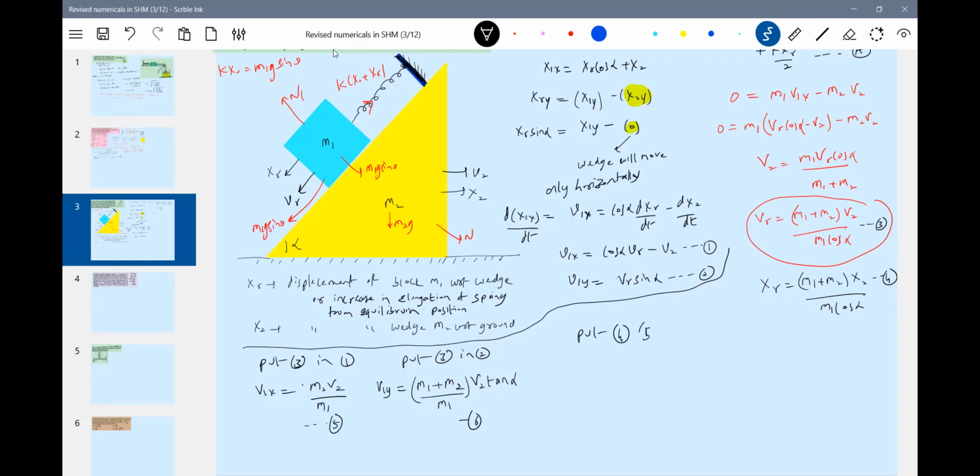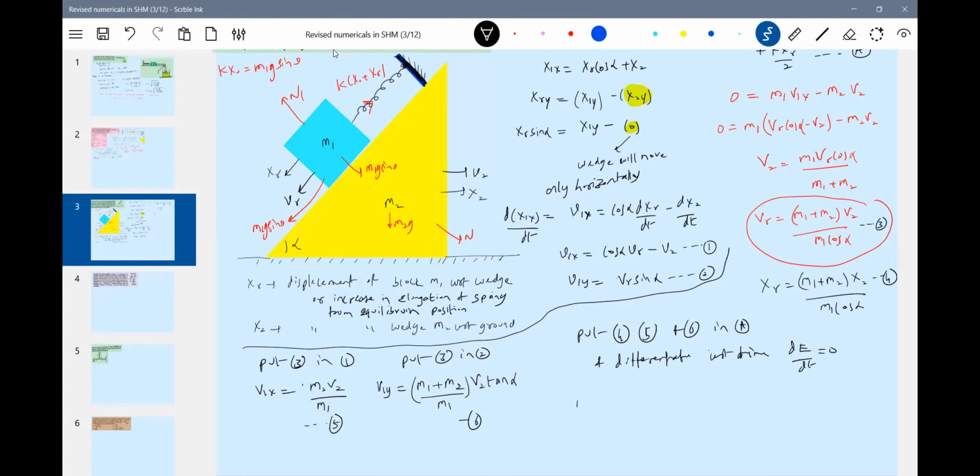I'll put 4, 5, 6 in A and differentiate with respect to time, with dE by dt equal to 0. Equating and solving, look at the equation. What is the equation you'll get? Time period equals 2 pi into under root k into M1 plus M2 by M1 M2 plus M1 squared sin square alpha.